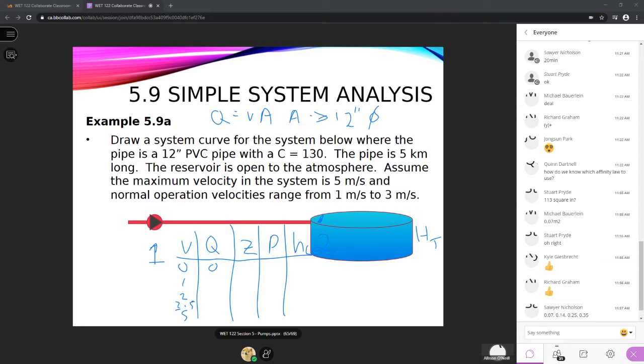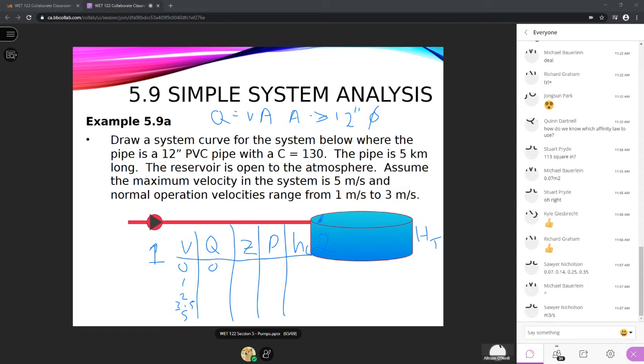Okay, so Sawyer's thrown out the same. So people seem to be liking that. 0.07, 0.14, 0.25. Wow, my writing's really bad on the screen. And 0.35. I might have to go and do this on a bigger screen.